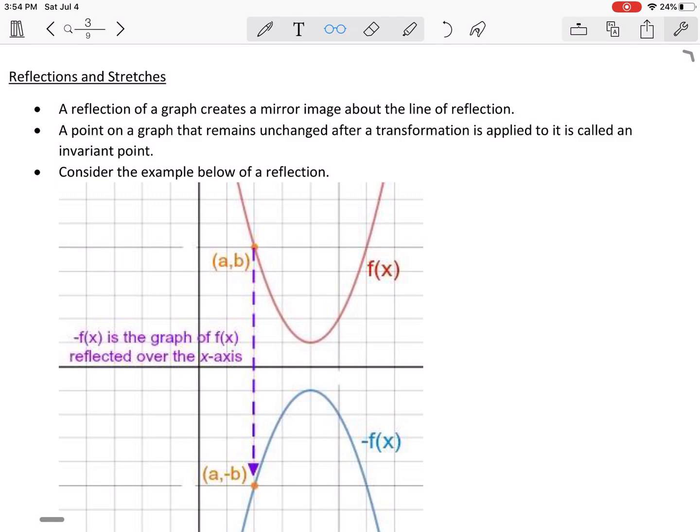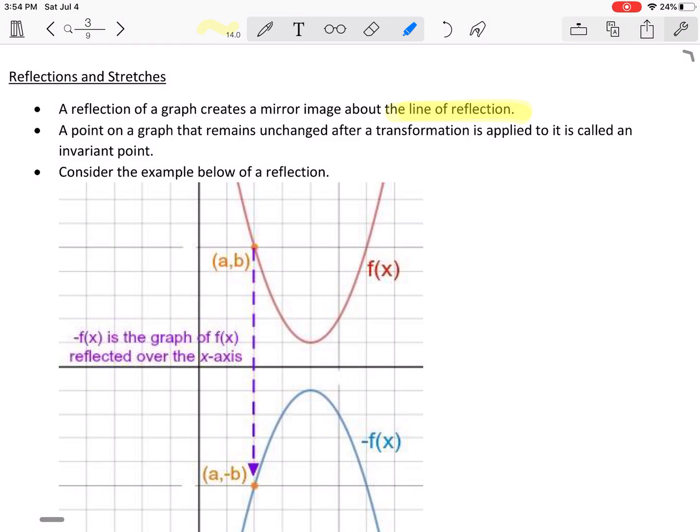So a reflection is essentially what it sounds like. The reflected function is a new image that's created on some line of reflection. Think of this as a mirror line, and that mirror line can either be vertical or horizontal.